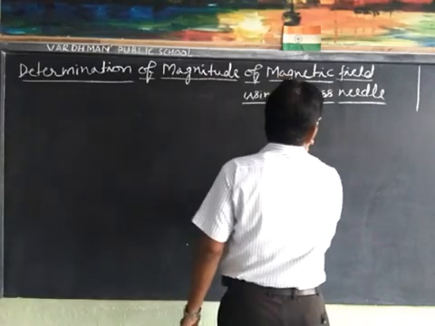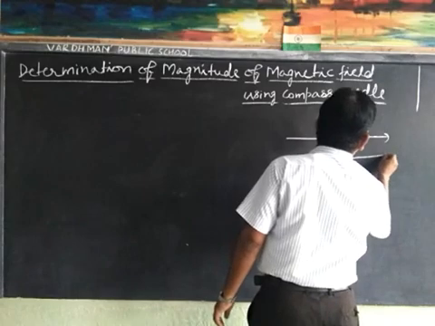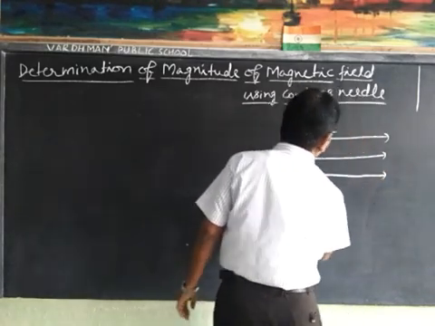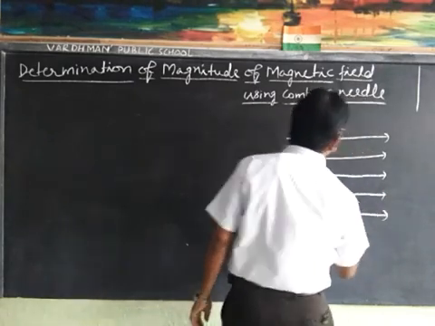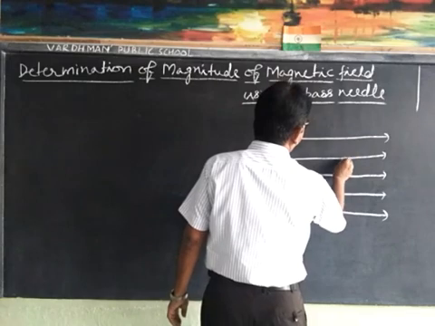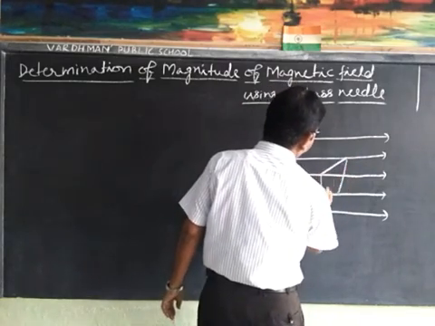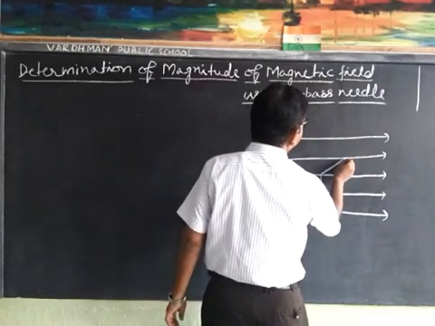Suppose this is a uniform magnetic field, and a magnetic needle, a compass needle, is placed in it.